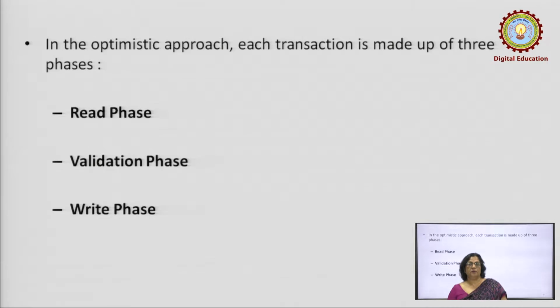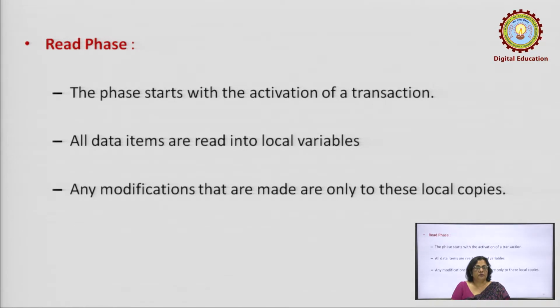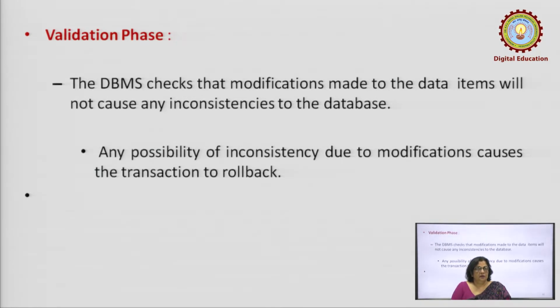In the optimistic or the validation technique, each transaction is made up of three phases: a read phase, a validation phase, and a write phase. The read phase starts with the activation of the transaction. During the read phase, all the data items are read into the local variables of the transaction, and any modification to the data items is made in these local copies. In the validation phase, the database management system checks that the modifications made to the data items will not cause any inconsistencies to the database.